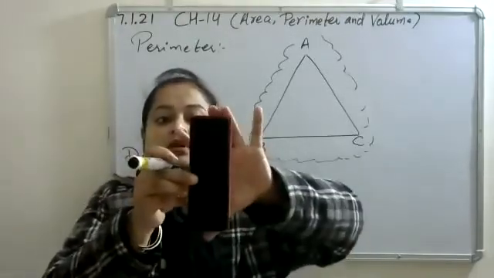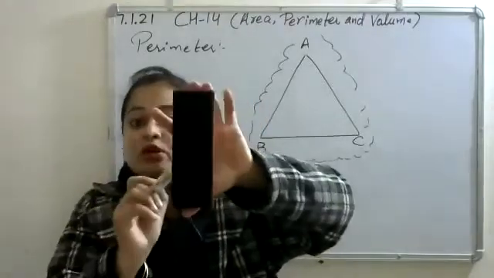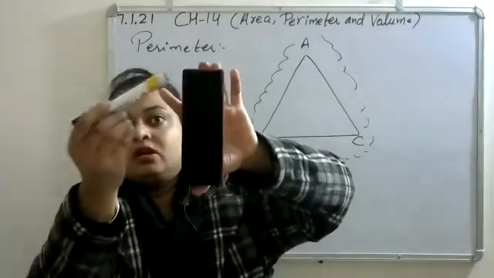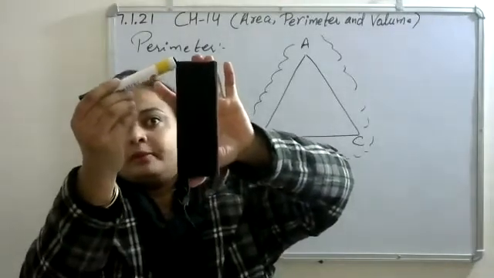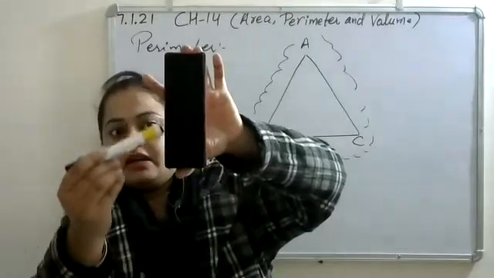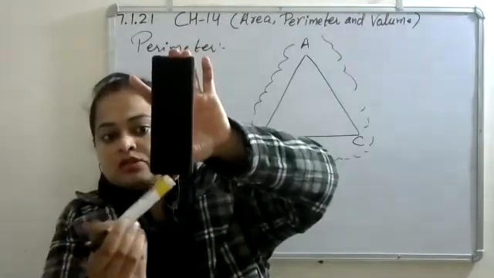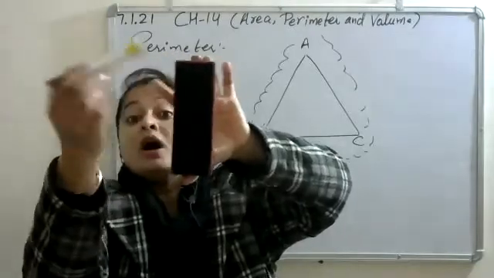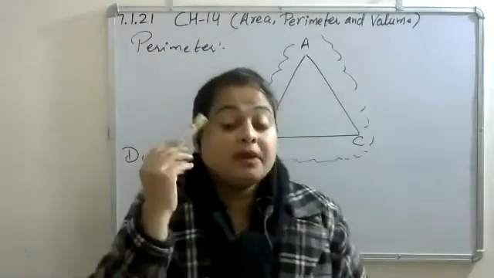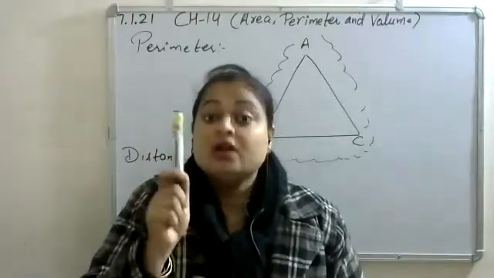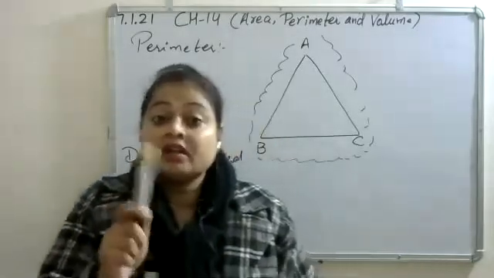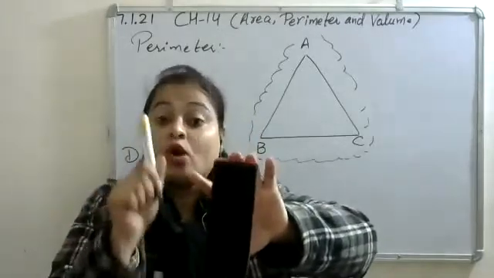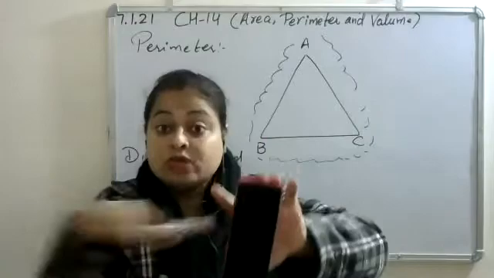So the perimeter of this duster is this outer boundary: this 1, then 2, then 3, and from here 4. Keep in your mind, in perimeter, you will not consider inside. You will only consider the outer boundary.